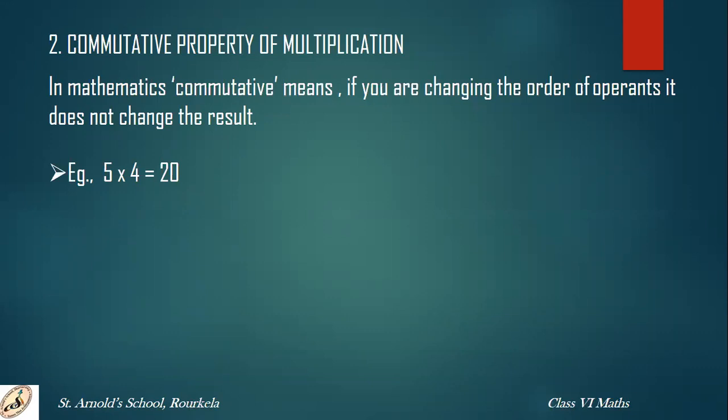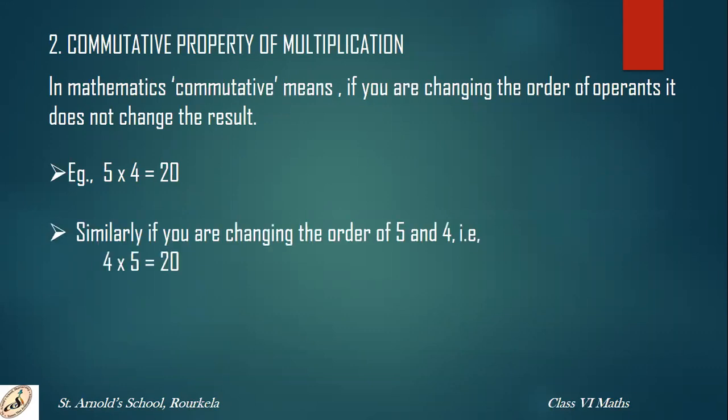Now, if you are changing the order of the operands, that is 4 multiplied by 5, it also gives 20. In both the cases, the result is the same whole number.